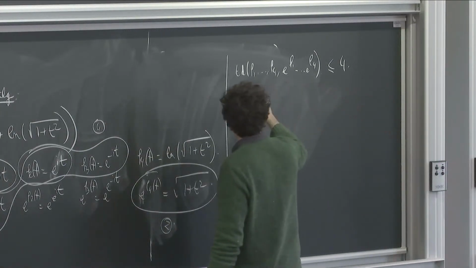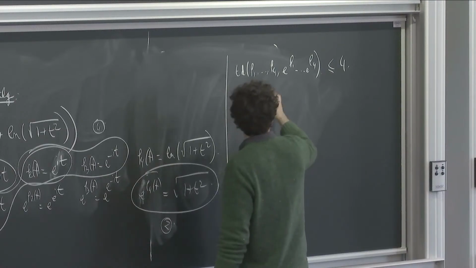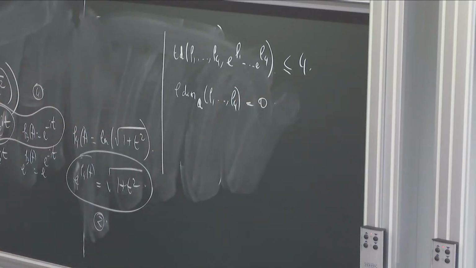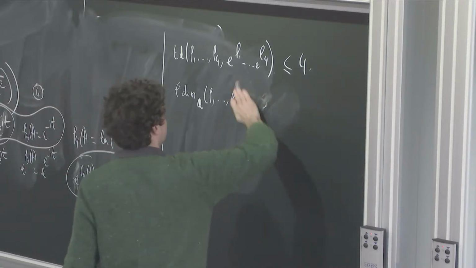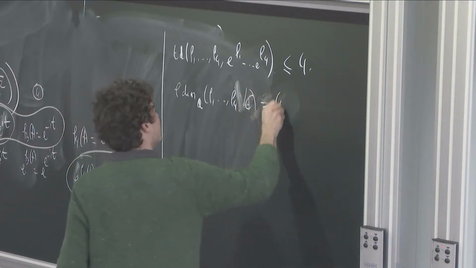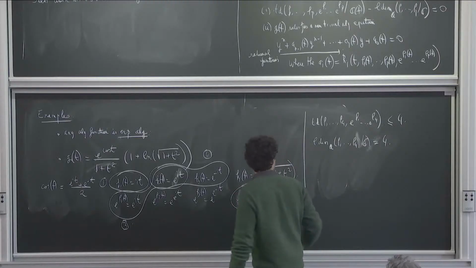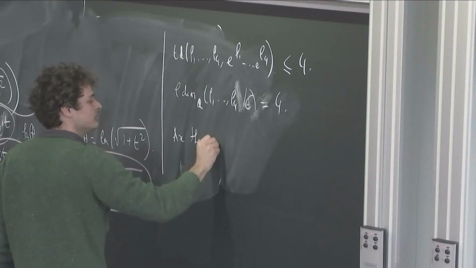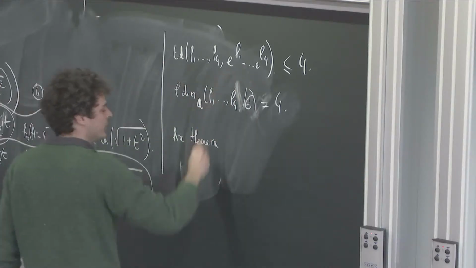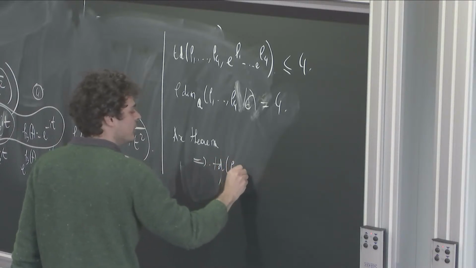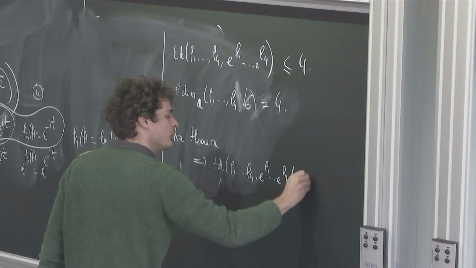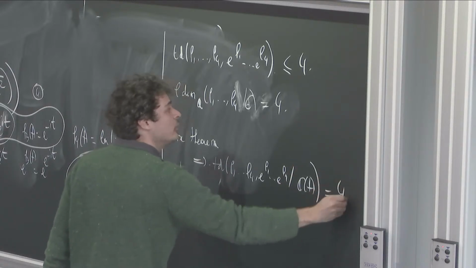So the linear dimension over Q of these functions is equal to 4. Now, using Ax's theorem tells me that it must be the case that the transcendence degree of these functions and their exponentials, computed over C(t), is equal to 4.